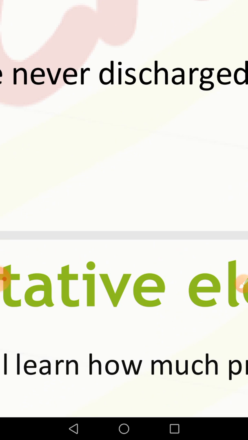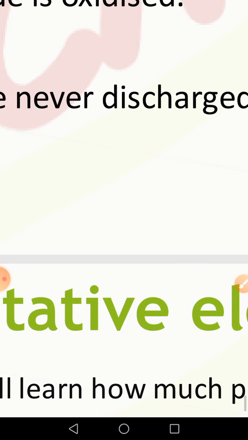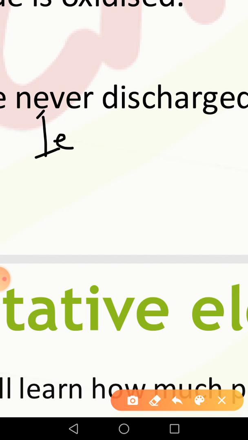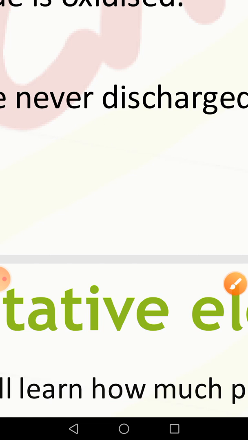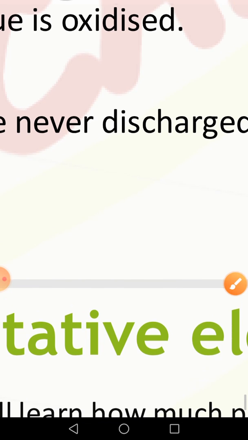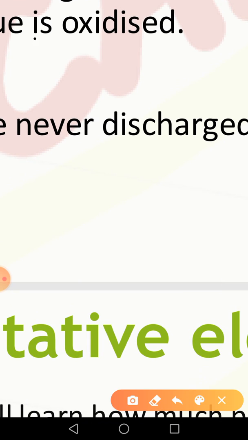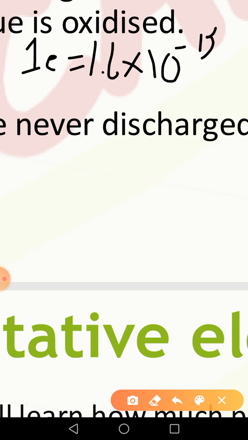Now tell me, what is the charge of 1 electron? 1 electron has got a charge of 1.6 into 10 to the power minus 19 coulomb.